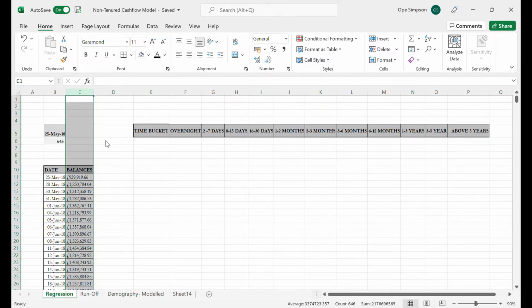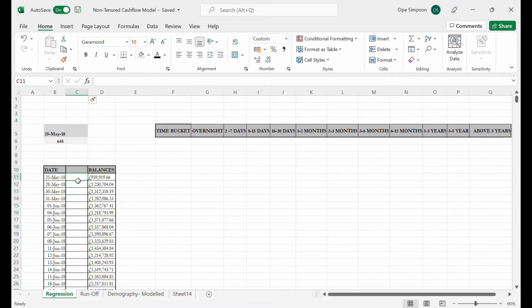Starting off our regression, I substitute the dates with numbers before I start the regression.